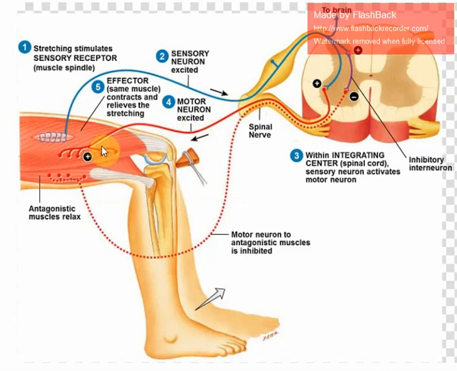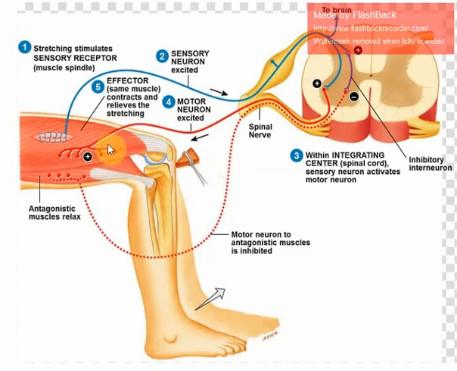So this contraction is generated by this stretch reflex or the muscle spindle in order to protect the muscle from overstretching, and the muscle contracts to prevent the overstretching. Ultimately the action will be knee extension.